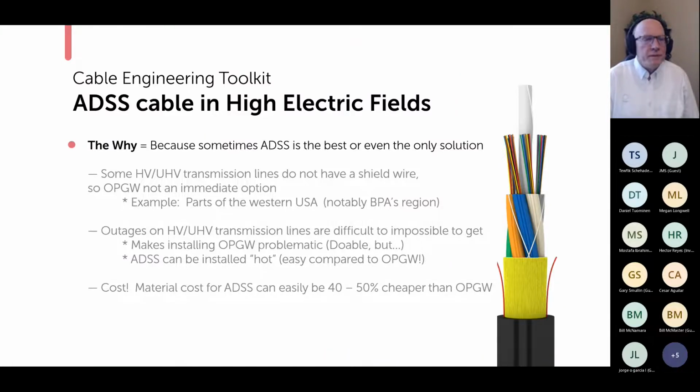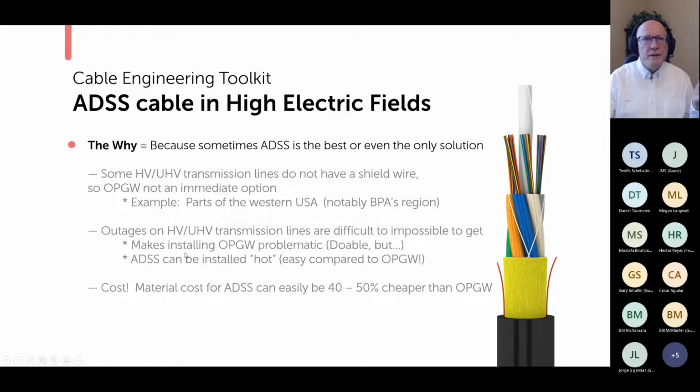But I'm one of these kind of people that sometimes you got to do what you got to do. And there are some times when ADSS is the best solution. In today's power grid, outages on high voltage and ultra high voltage transmission lines, like 345, 500 kV and above, those are often difficult, if not on the very cusp of being impossible to get.